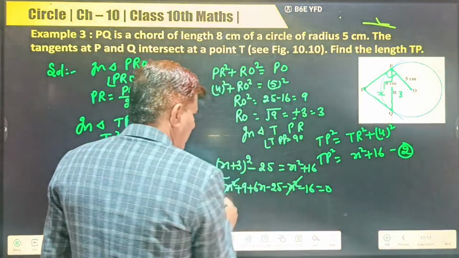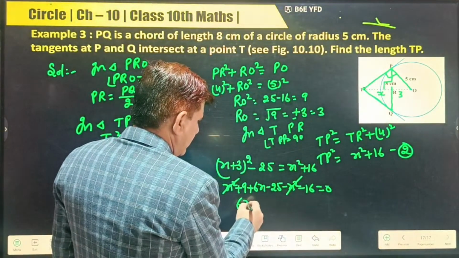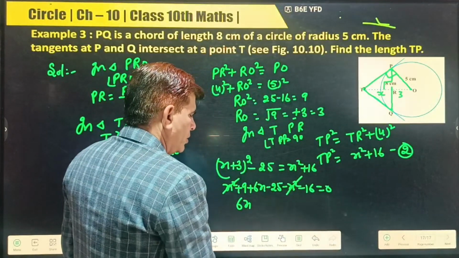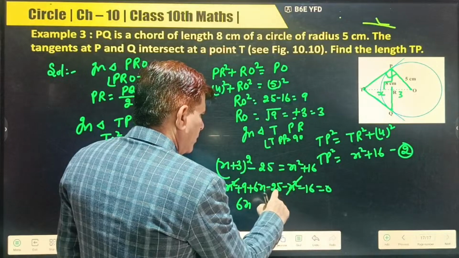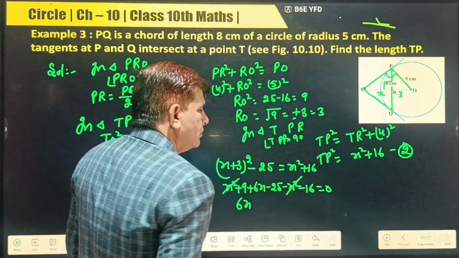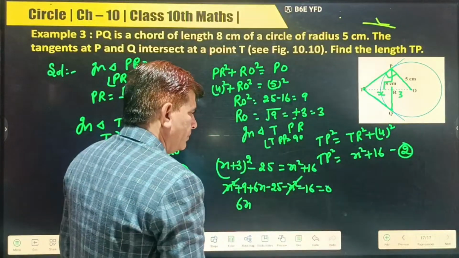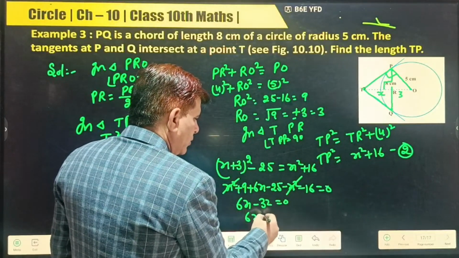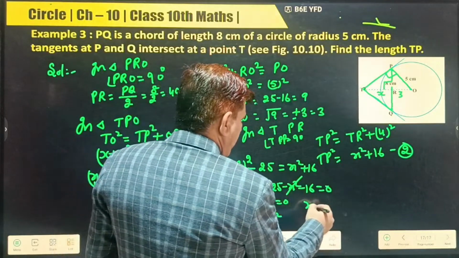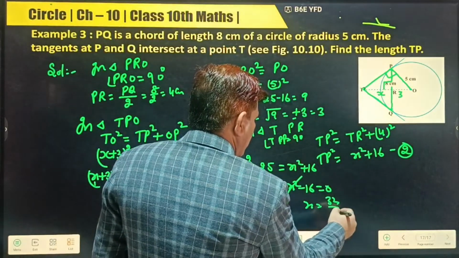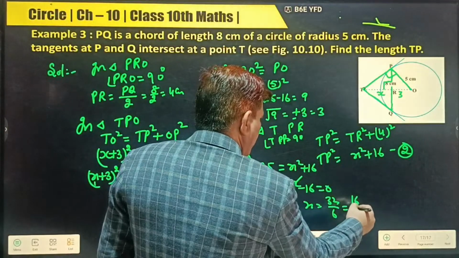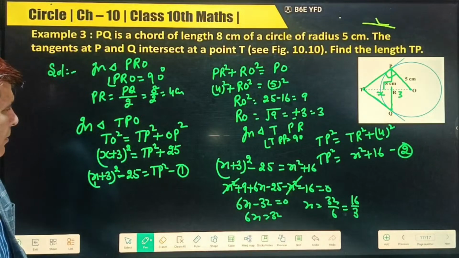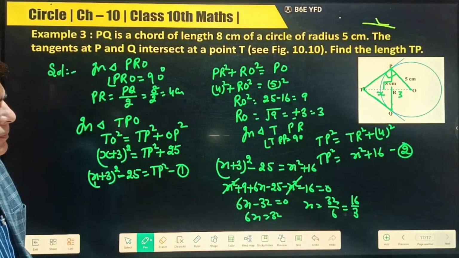So x square cancels, and 6x remains. Understood? 41 minus 9 minus 32 is equal to 0. So 6x is equal to 32. So x is equal to 32 by 6, which is 16 by 3.